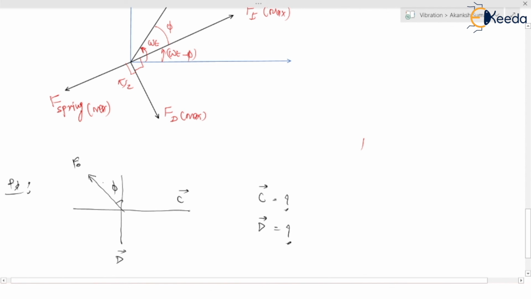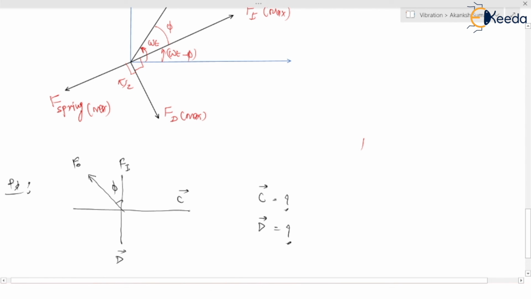Now, how to solve this question? Let us understand. See, this is the phi angle. We know that the angle between the inertia force and F naught is phi. This is represented as F inertia. When you see the actual diagram, the angle difference between the inertia force and the unbalanced force is phi.